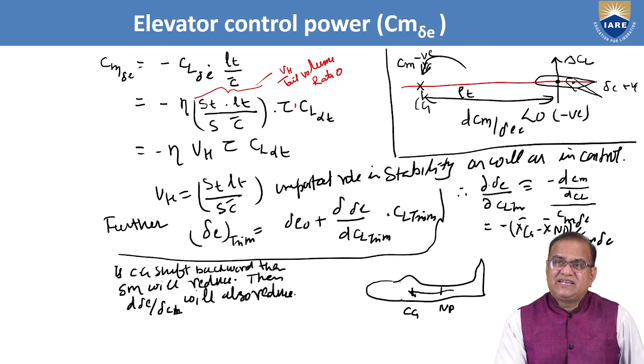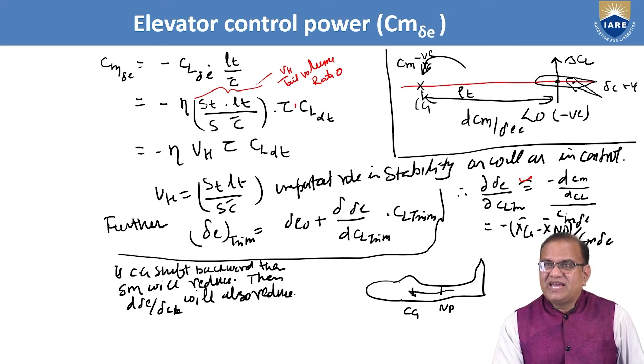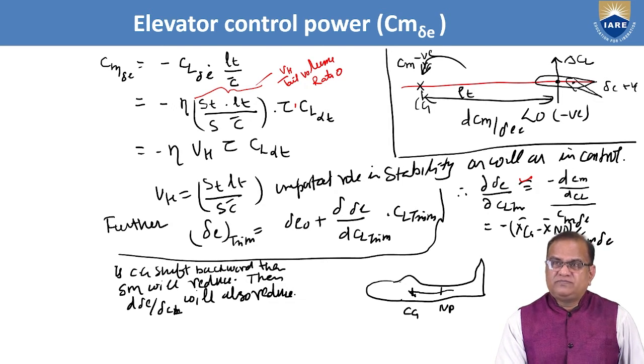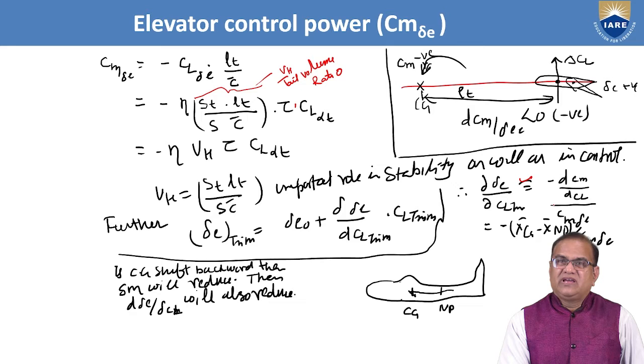And d delta E by d CL trim is approximately equal to minus dCm by dCl divided by Cm delta E, that is, minus dCm by dCl, which is X bar CG minus X neutral point, divided by Cm delta E. In this way we can find out the location, and if the center of gravity is equal to the neutral point, you won't get any slope, and this part will be 0.